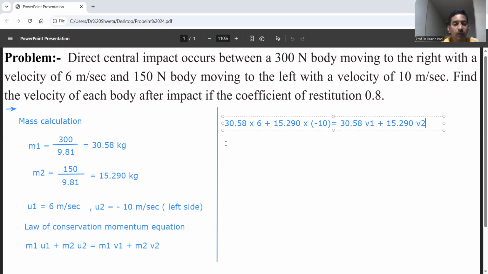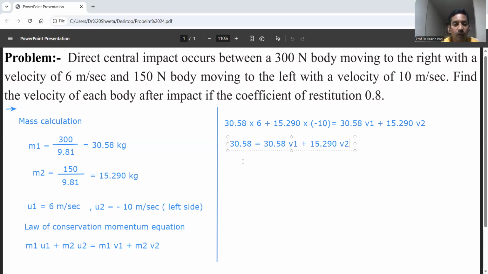Just calculate the left part. 30.58 into 6 plus 15.290 into minus 10 gives 30.58, which is equal to 30.58 V1 plus 15.290 V2.